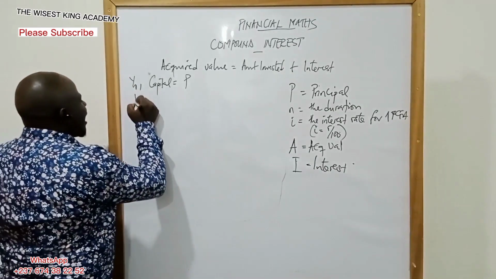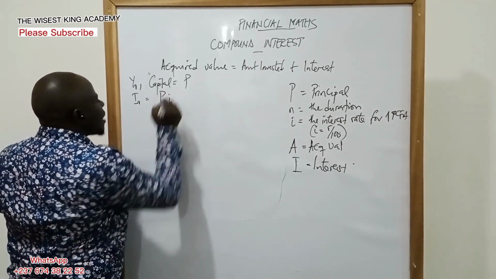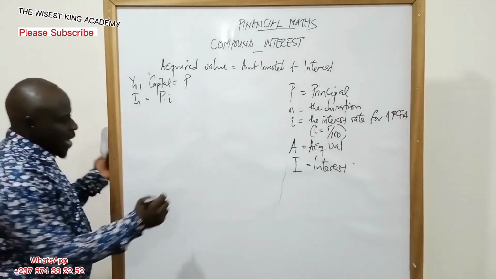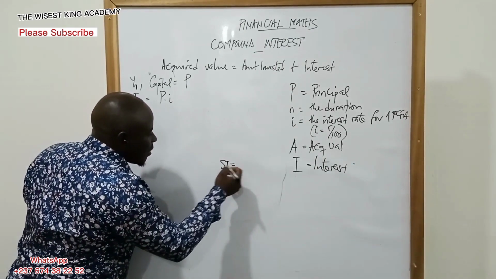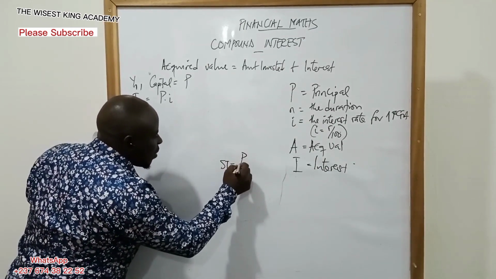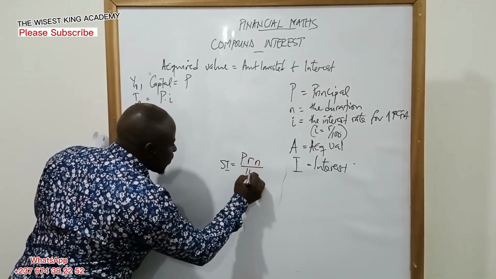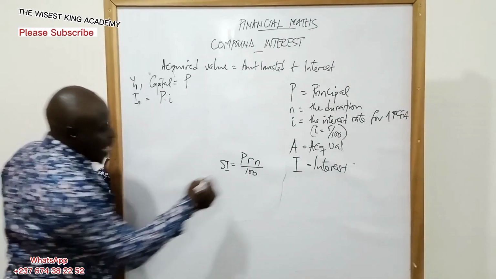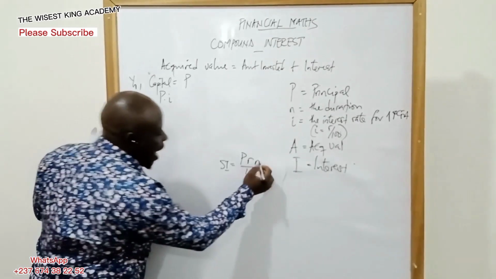So the interest at the end of year one is I1, which will actually be P times i. Why P times i? Remember, simple interest is calculated by taking the principal times the rate times the time over 100. And here we are calculating interest every year, so n here is 1.